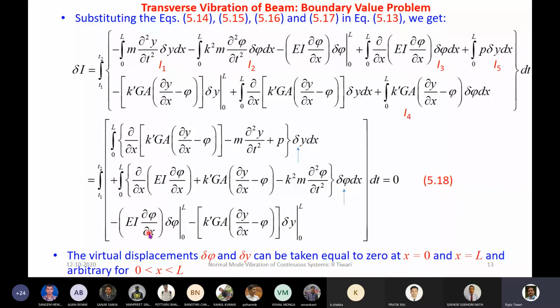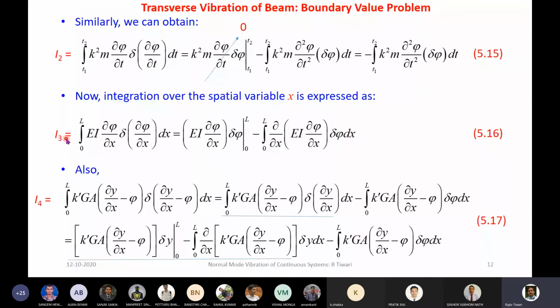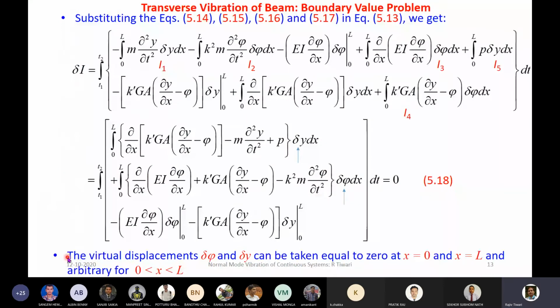Last two terms are from I3, this term, which is having single integration because we have time integration outside, and this term I4, which is having single integration with respect to time. So those two terms are here.